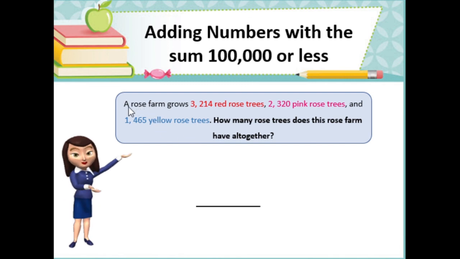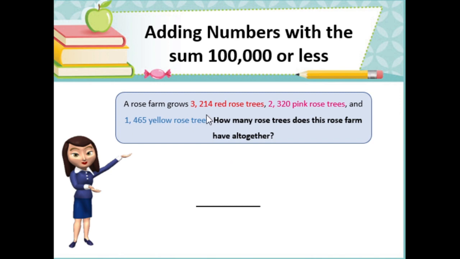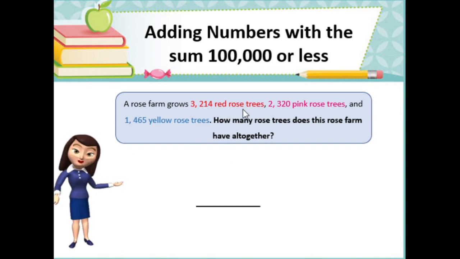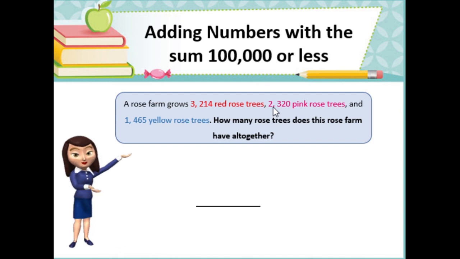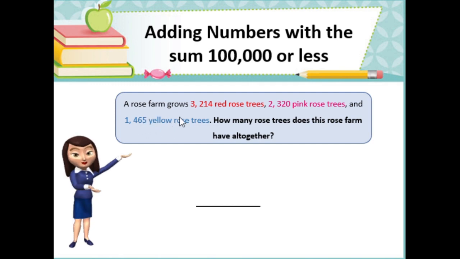Again, a rose farm grows, or shall we use has, 3,214 red rose trees, 2,320 pink rose trees, and 1,465 yellow rose trees.